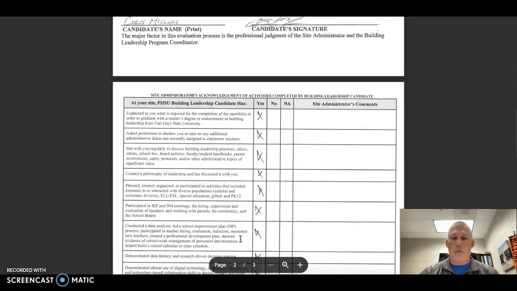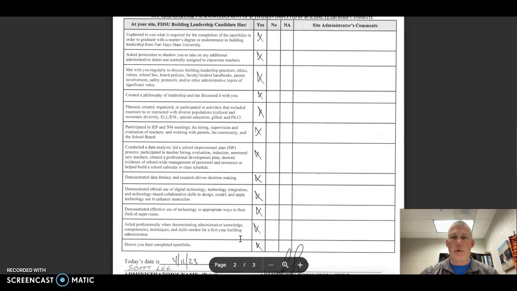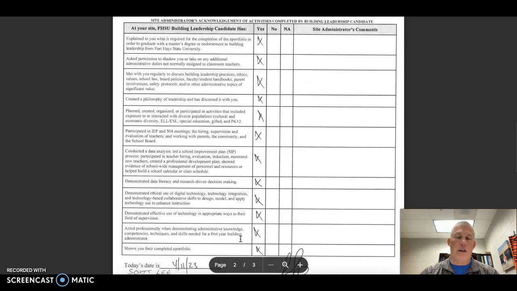The second one was with Mr. Lee, who is my current high school principal. Mr. Lee and I talked frequently over the last 15 months, which is how long I've been in the program, about different aspects of his job and leadership and why we do things the way we do and how Smoky Valley is doing it compared to the Salina district where he was before and those kinds of things.